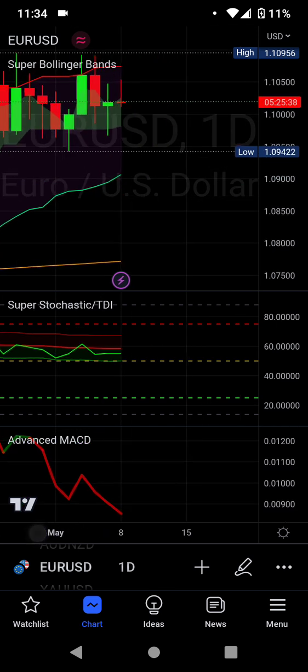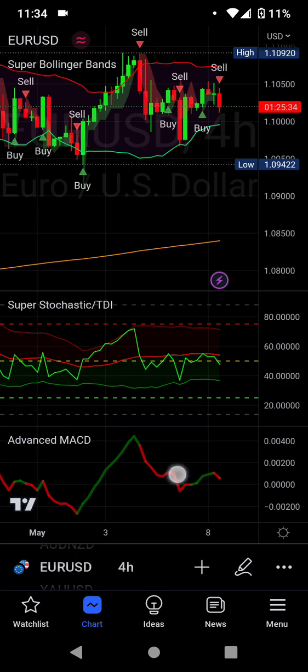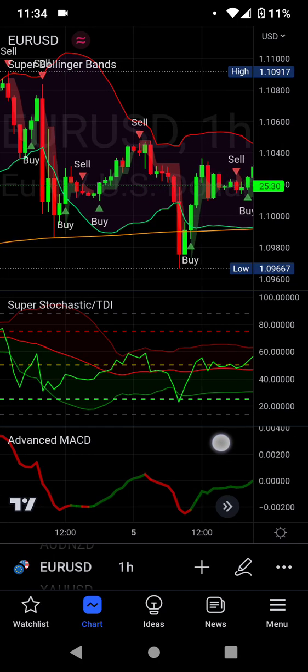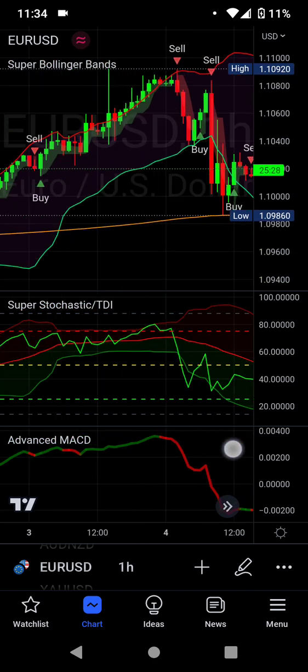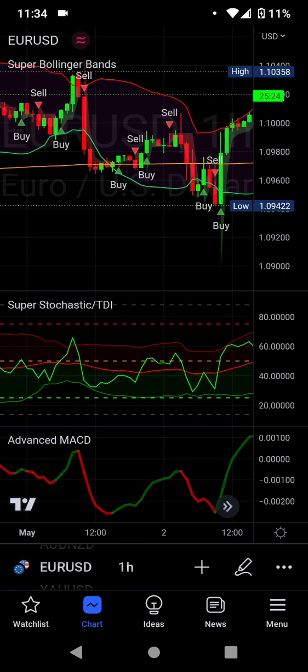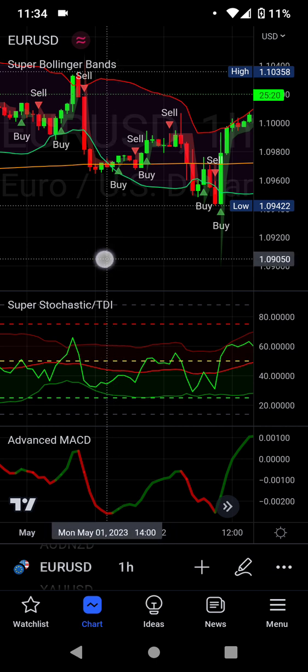May, we're going to come down to the 4-hour, then drop down to the hourly because we can't zone in, so we need to go to the first. May 1st, right? Let's try to find it.